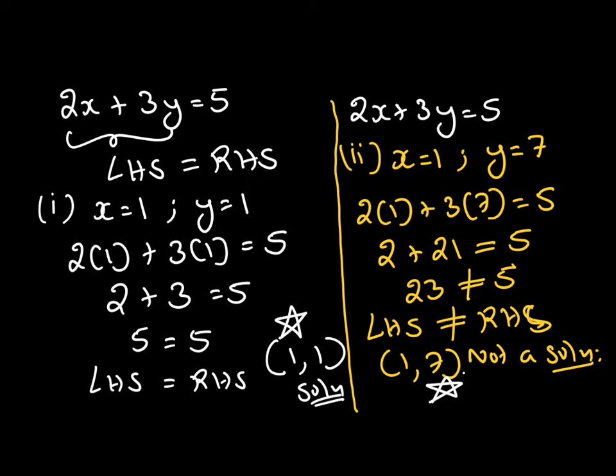So geometrically, a solution of the equation will be a point on the line of the equation. And a point not on the line of the equation is not a solution of the linear equation. And we know that the graph of a linear equation is always a straight line.